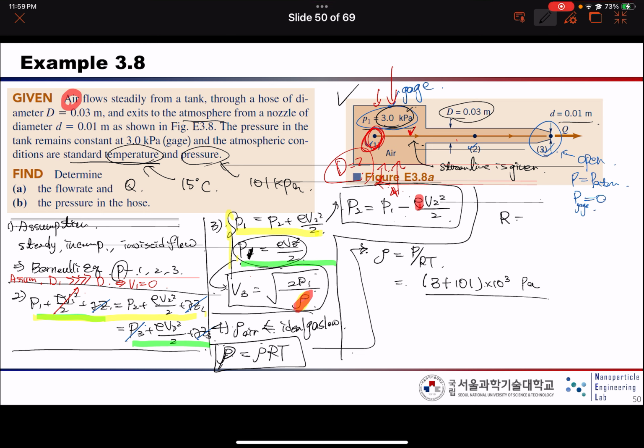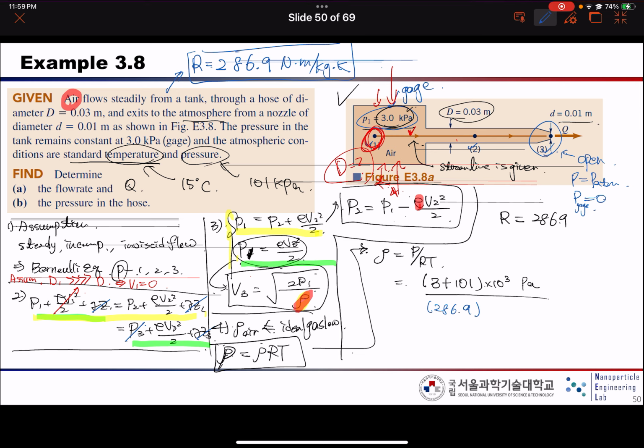The gas constant should be given in the problem. So the gas constant is 286.9 Newton meter per kilogram Kelvin. Sorry, it wasn't given in this problem, so this one should be 286.9.